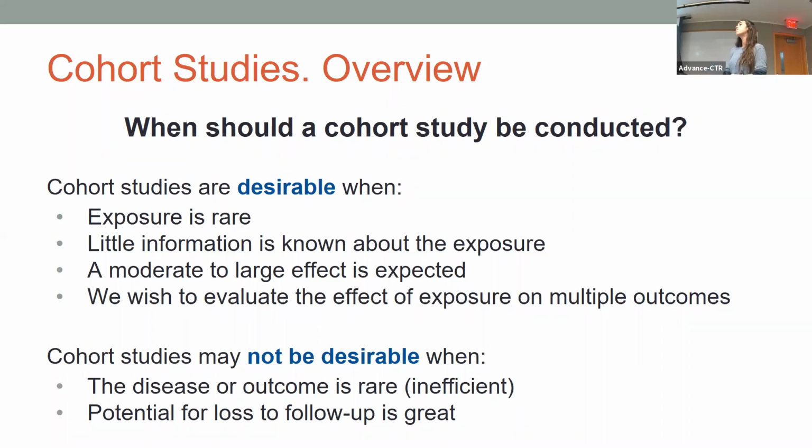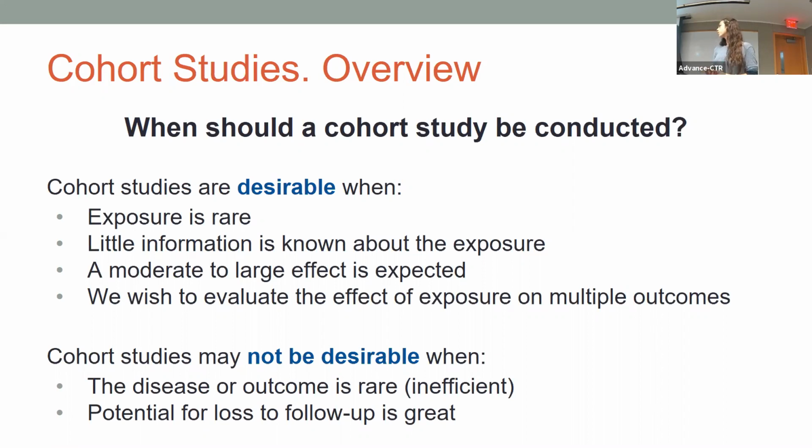Additionally, a cohort study works really nicely when we're trying to look at how one exposure can affect multiple outcomes, because since you're selecting individuals based on their exposure status, you can follow them for multiple outcomes. And I've alluded to when it might not be desirable.